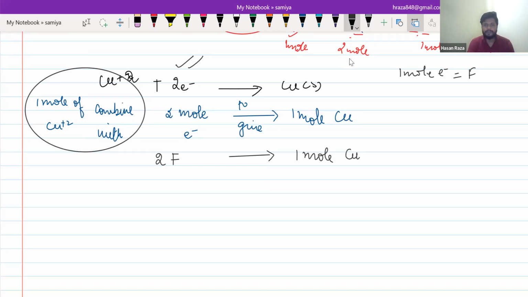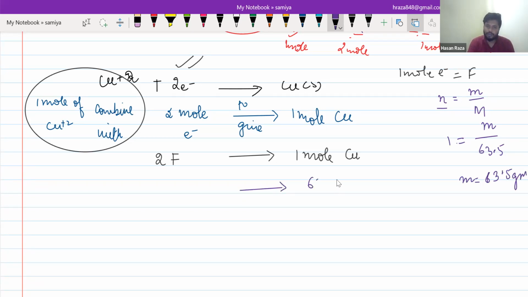Have you calculated the mass of 1 mole of Cu? See, there is a small formula: number of moles is equal to given mass upon molar mass. What is the number of moles? 1. And molar mass of copper is 63.5, upon mass. So mass will be equal to 63.5 gram. So in 1 mole Cu, we got a mass of 63.5 gram.